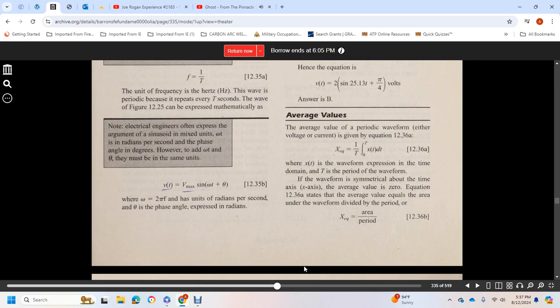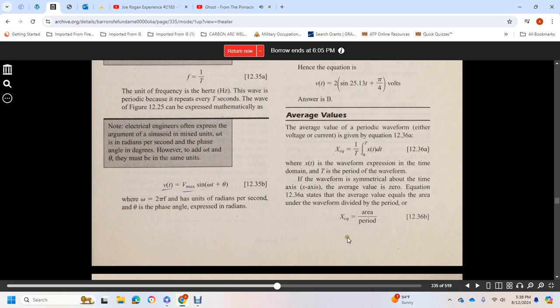Average value of a periodic waveform, either voltage or current, is given in equation 12.6a. X is the periodic waveform, either voltage or current, and the average value is 1 over the total time T times the integral from 0 to T of x(t) dt, where x(t) is the waveform expression in the time domain and T is the period of the waveform.